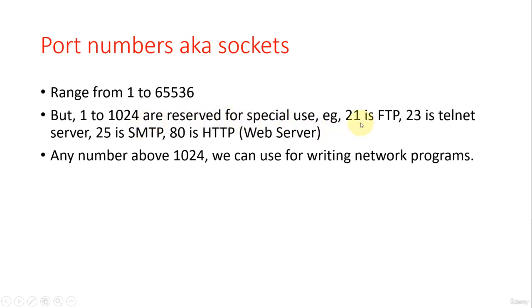For example, 21 is File Transfer Protocol (FTP), 23 is Telnet Server, 25 is SMTP for email, 80 is HTTP, also known as Web Server, and so on. Any number above 1024 we can use for writing network programs. But before you actually use a port number above 1024, always check first to make sure that it's not already in use.